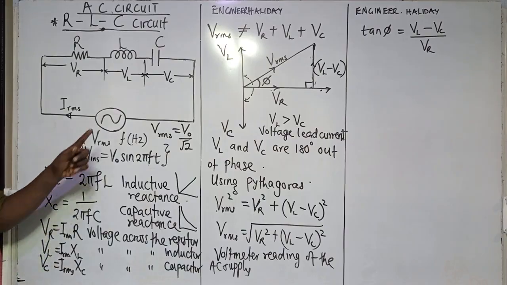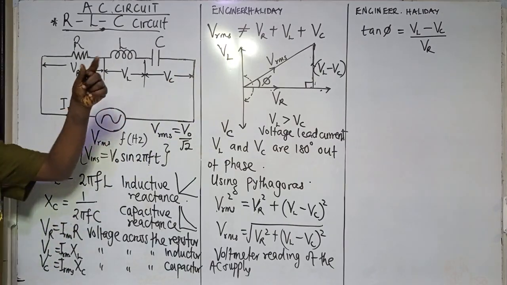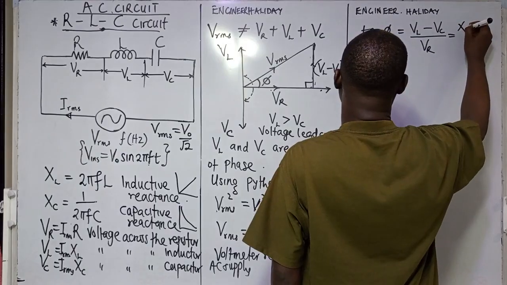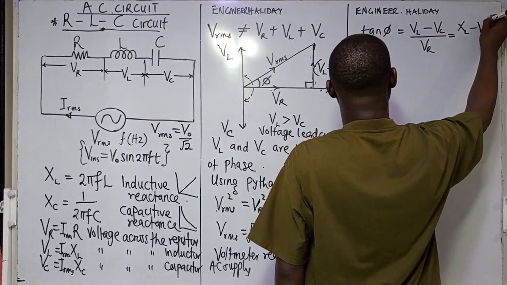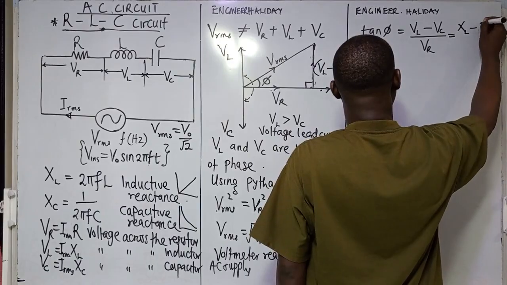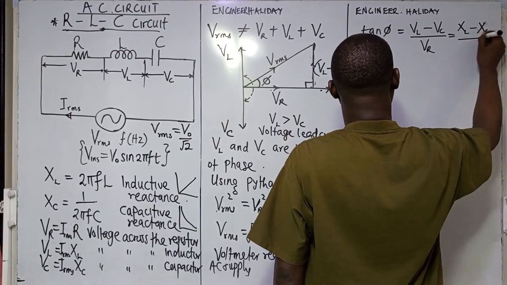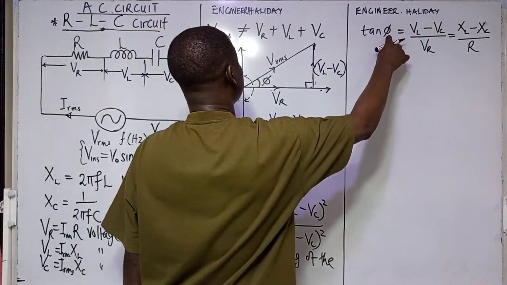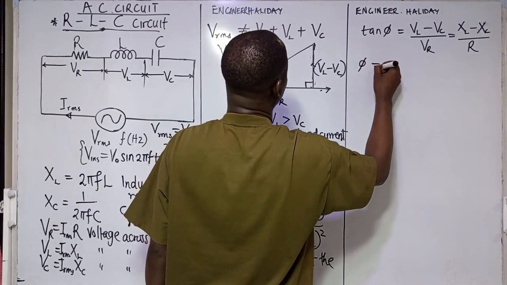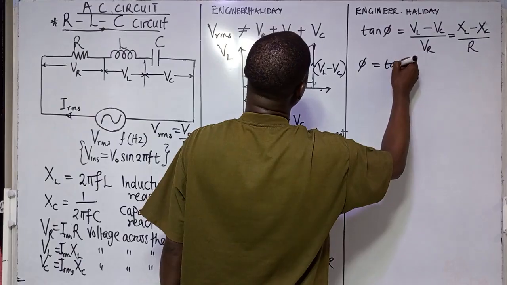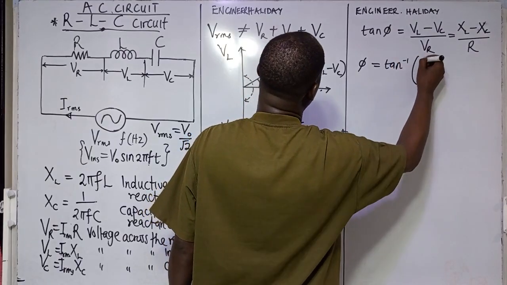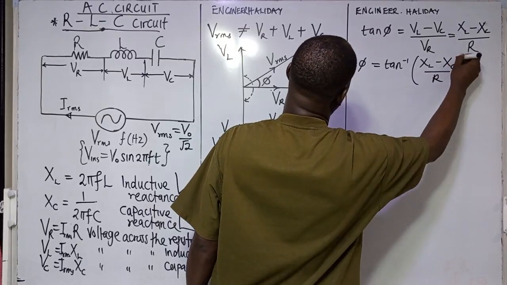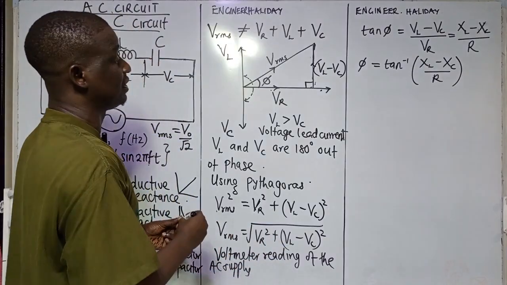If you substitute them into this formula, you end up having XL minus XC, all divided by R. Now, to find the phase angle, you have phi equals tan inverse of XL minus XC over R. This is how to find the phase angle, this angle.